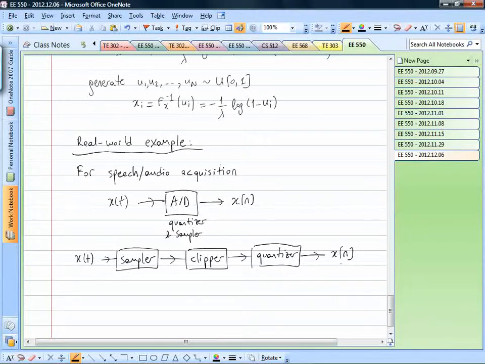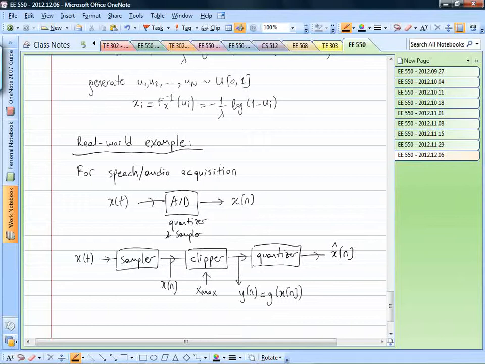And what does the clipper look like? Basically the input to the clipper is x, with a value x max, which generates a y, y of n, which is a function g of x of n. Let me call this x hat of n, and let me call this x of n here.